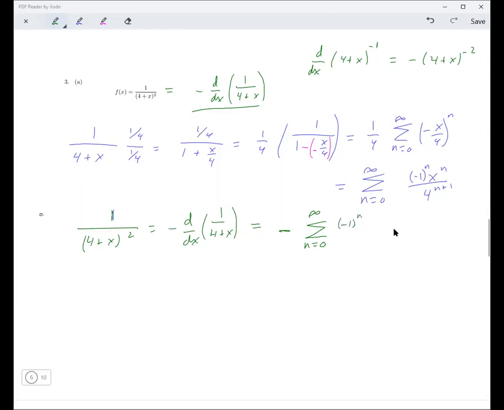This negative 1 to the n, the derivative doesn't affect this. Derivative of this is n, x to the n minus 1. And the derivative doesn't affect that either. So you get that. Okay, you have this negative, you put the negative in, and you end up with negative 1 to the n plus 1 by bringing this negative in, times n times x to the n minus 1, all over 4 to the n plus 1.